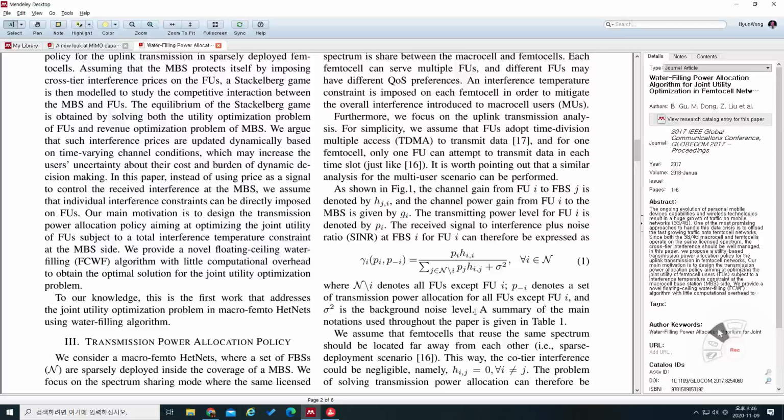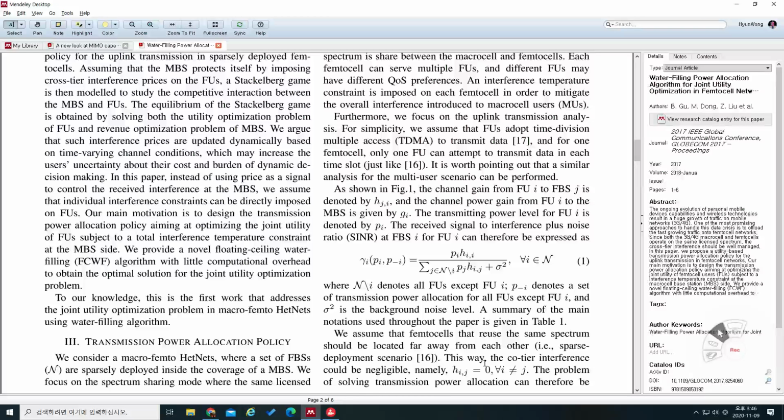A summary of the main notation used throughout the paper is given in Table 1. We assume that femtocells that reuse the same spectrum are located far away from each other, for example, in a sparse deployment scenario. This way, the co-tier interference can be neglected, namely h_ij equals 0 for j not equal to i.